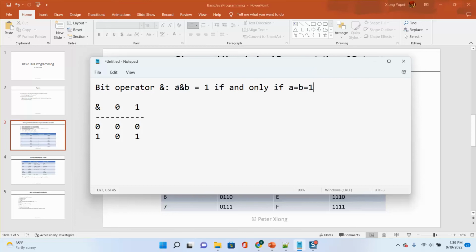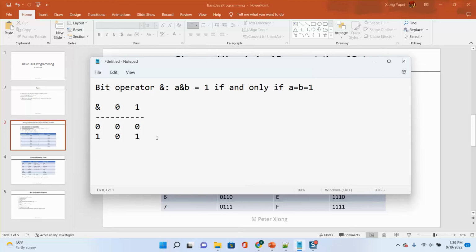I want to clarify this is not a logical operator. If you know logical operators like AND or NOT, this is quite different. I use a single AND, and a single AND is a bit AND. So let's make an example.